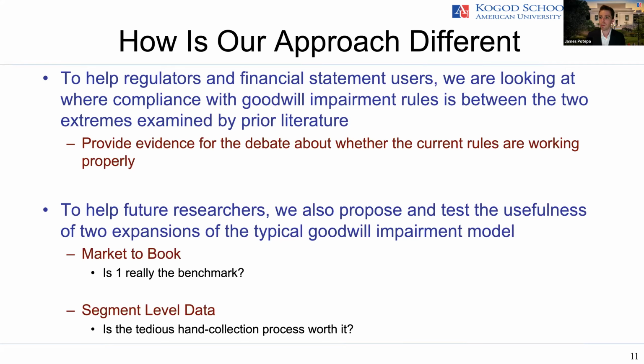So we use the SEC comment letters about goodwill to help validate things. We find that if our model indicates you should impair, it is very much associated with these SEC letters. There are a bunch of other details that I'll get to later in the presentation, explaining that those have quite a major effect and can be used.